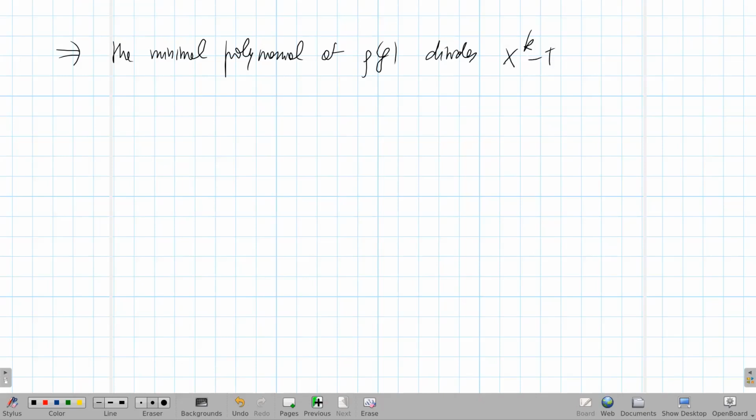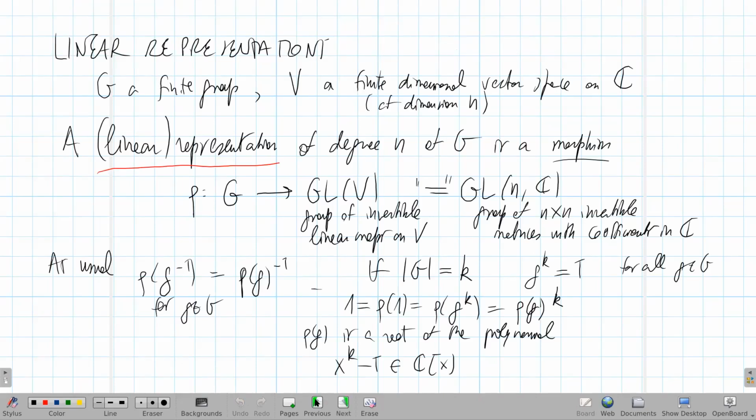I'll be back to this, because the idea of the minimal polynomial associated to each matrix or to each linear operator, the linear map, is that there is a monic polynomial of smallest degree which has the matrix or the linear map as a root.